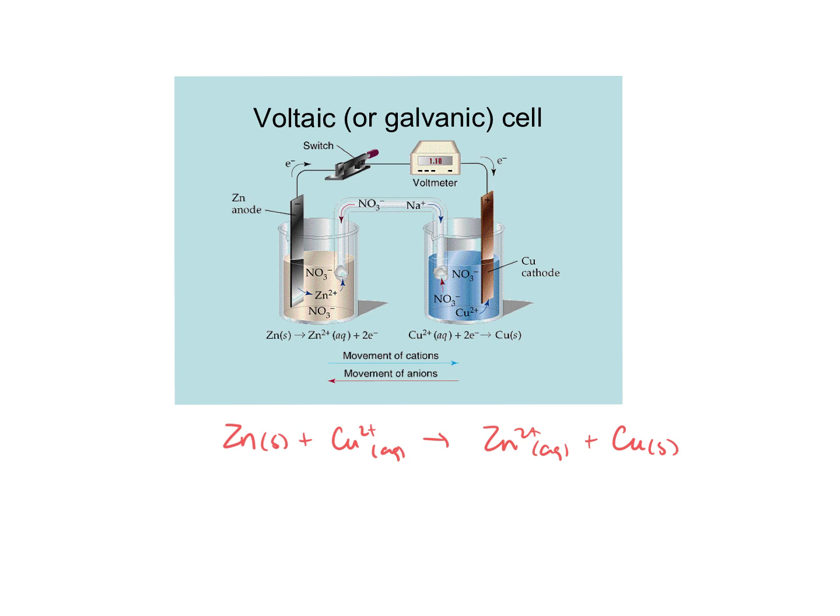But what we do is separate these into two half containers and connect them with a wire, and that wire passes through what you call a voltmeter, which measures the electric potential difference between the two metals, in this case the zinc anode and the copper cathode.